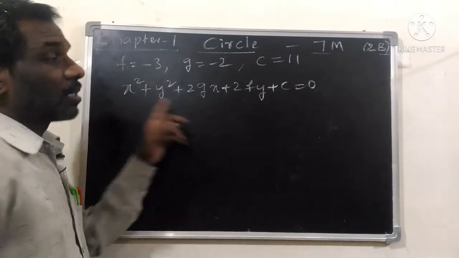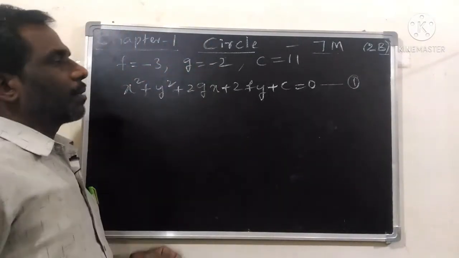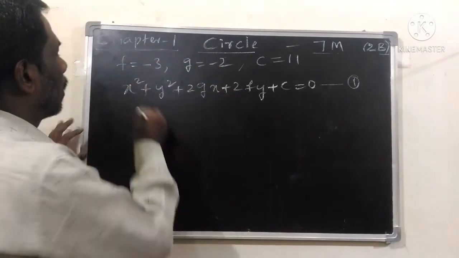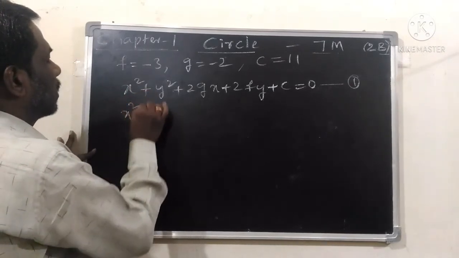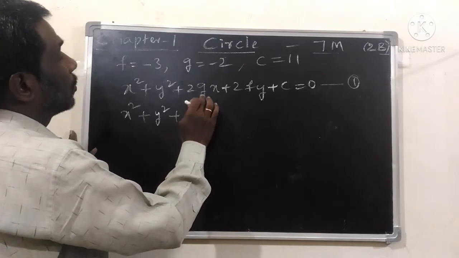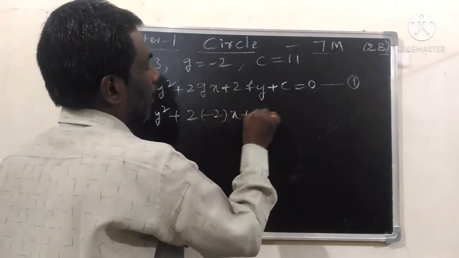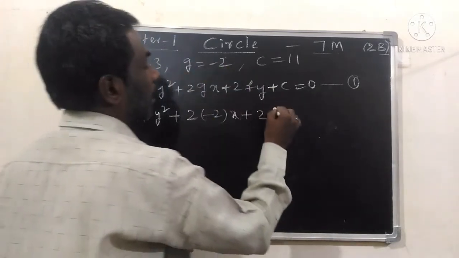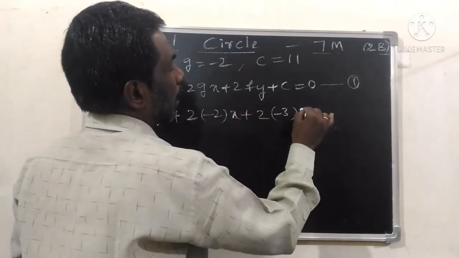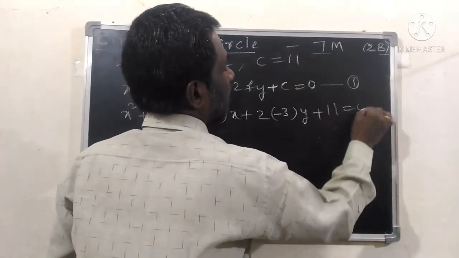We assumed this as the first equation. So in this equation we substitute: x square as it is, plus y square as it is, plus 2g, g is minus 2, into x, plus 2f, f is minus 3, y, plus c, which is 11, equals 0.